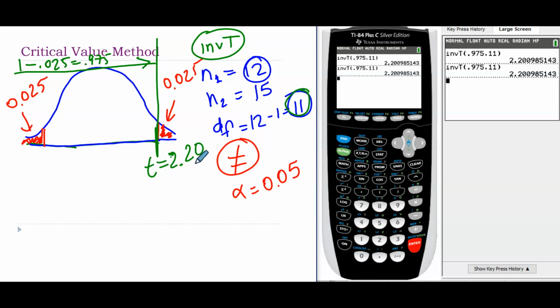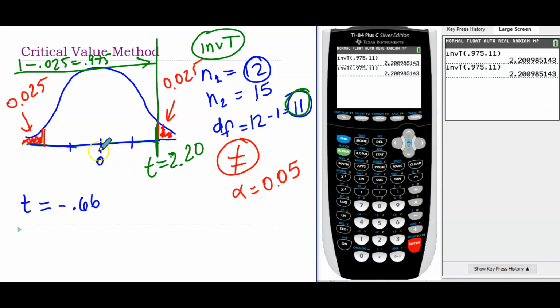But in any case, remember what our t-statistic was? Our t-statistic was negative 0.66. It's a two-tailed test, so it's negative 0.66 here and positive 0.66 on the other side.